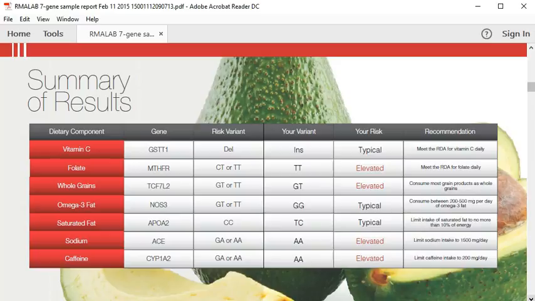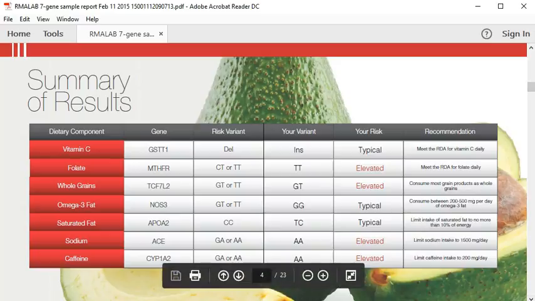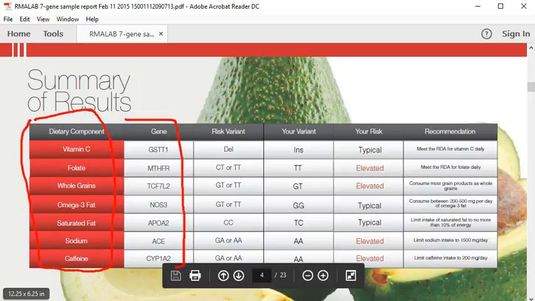In this case, they have some dietary components that they're focusing on, and you can see those listed here. This shows you what genes they are looking at to test for gene variants. With each one of these, there's a specific gene, and then they're looking for the risk variant that might put someone at a higher or lower risk.